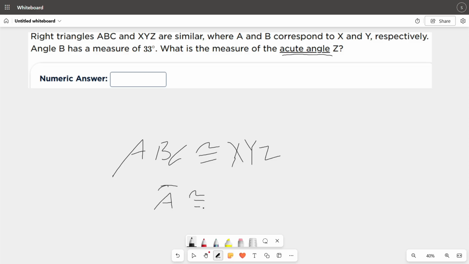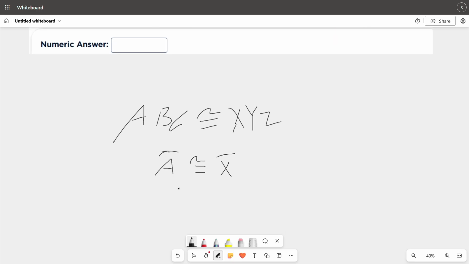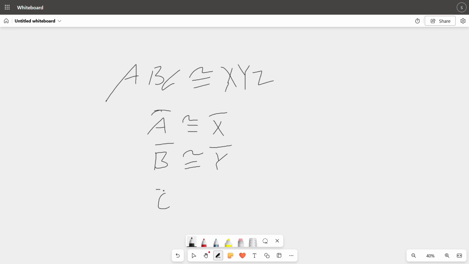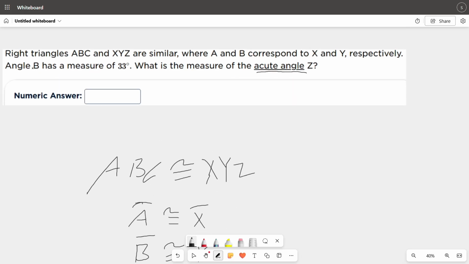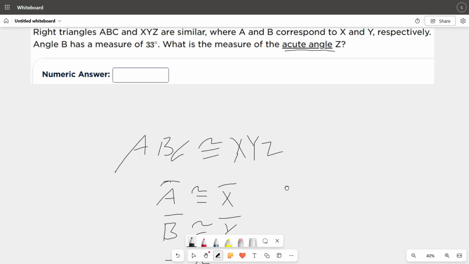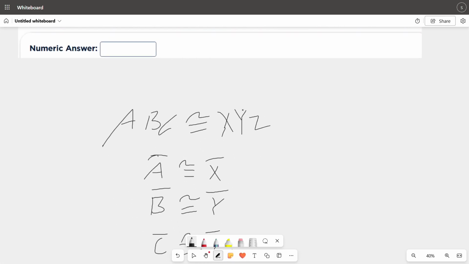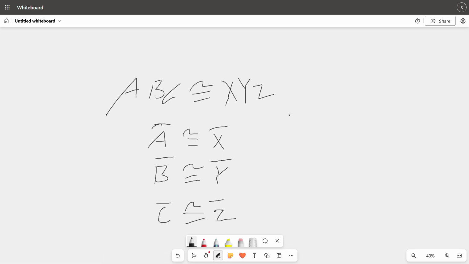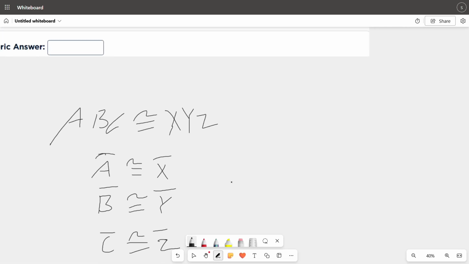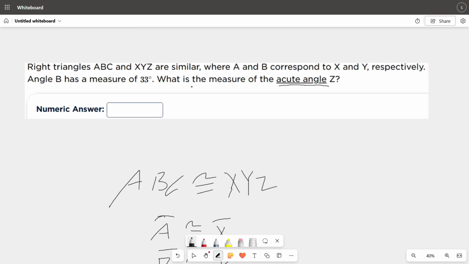A corresponds to X, B corresponds to Y, and if these correspond to each other, then that means side length C would also correspond to Z. And what we know is that angle B has a measure of 33 degrees, so that means B and Y are 33 degrees. So we have one of the angles, and we see that we want the measure of the acute angle Z.